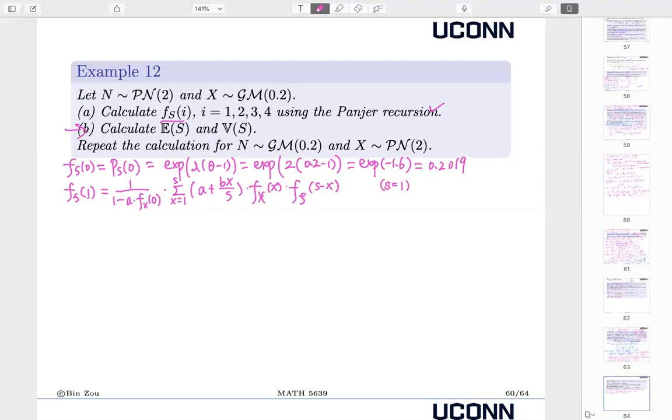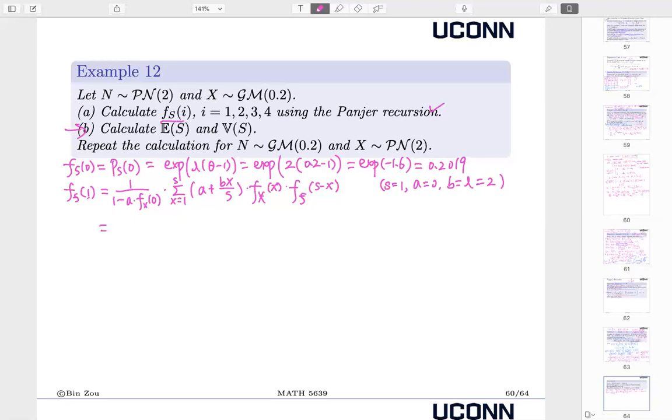And for the Poisson distribution, a is 0 and b equals lambda, here lambda is 2.